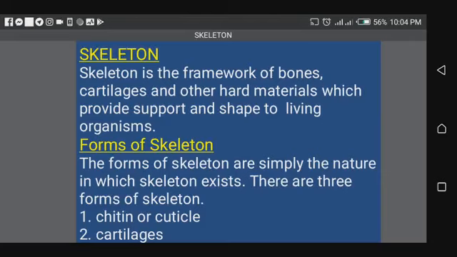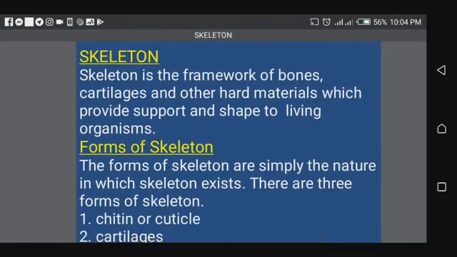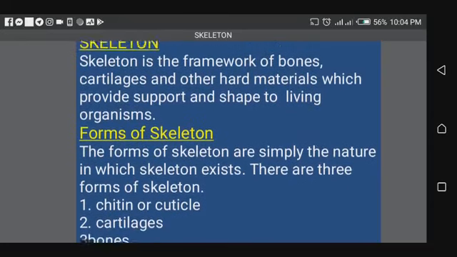Now, skeleton. Skeleton is a framework of bones, cartilages, and other hard materials which provide support and shape to living organisms.